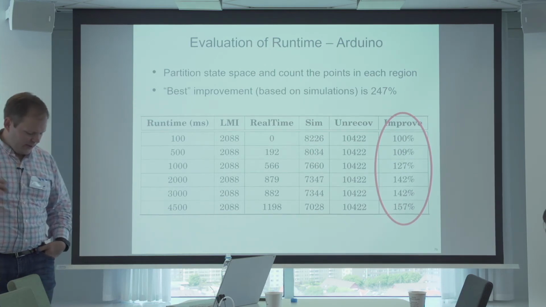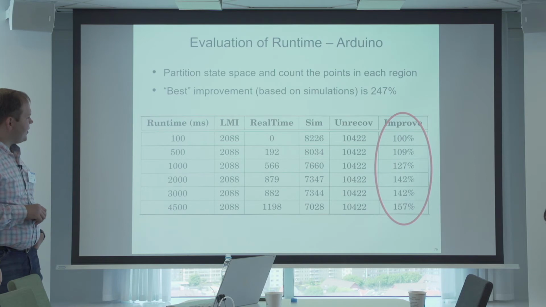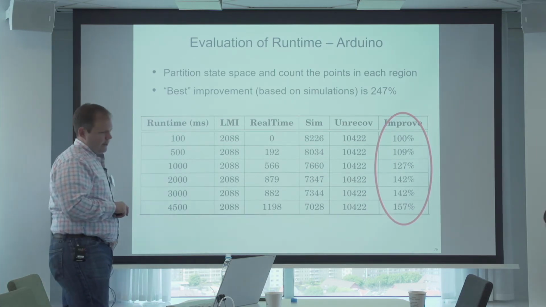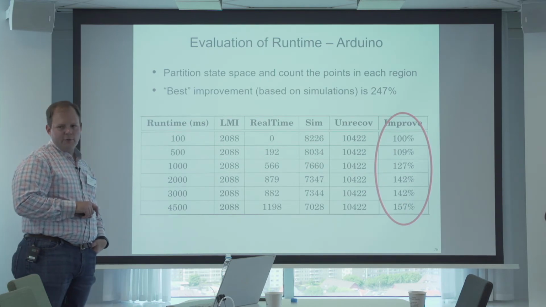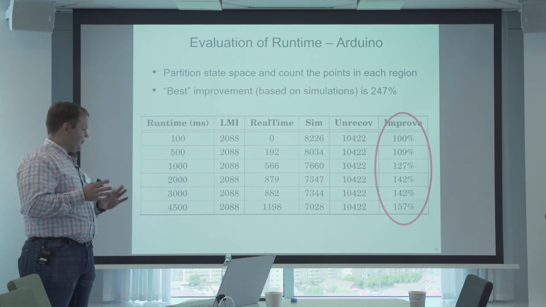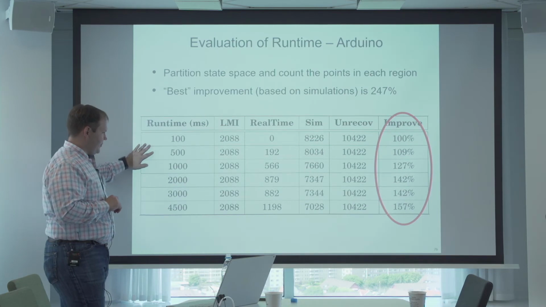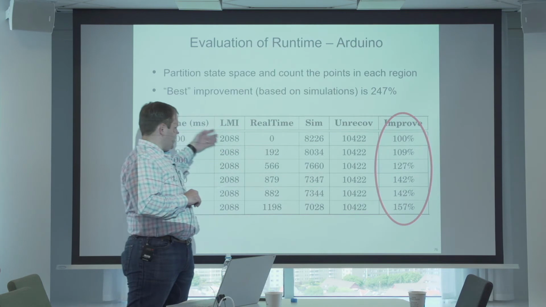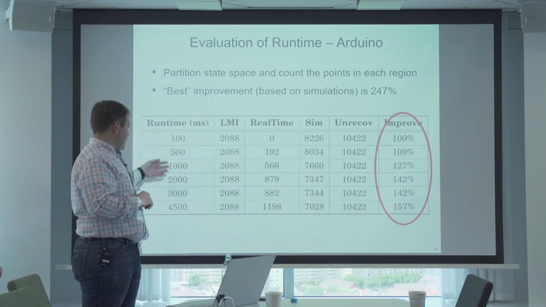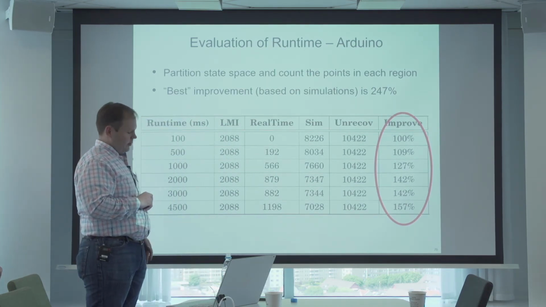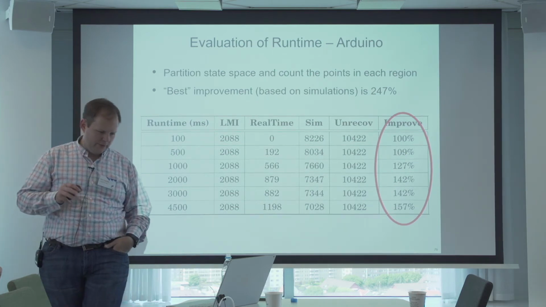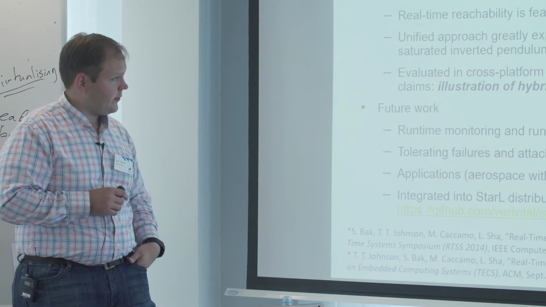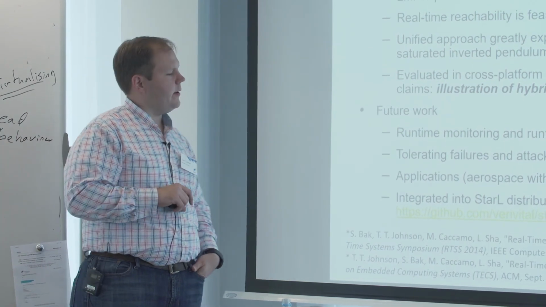Doing it on ARM and i7 is maybe not that exciting, but the particular Arduino had software-based floats as well, which introduces a lot of systems issues. If we're using 100 millisecond runtime, we weren't really getting much of an improvement, whereas if we're using longer runtimes, on the order of seconds, we could still get some improvement. But that one was more to illustrate the portability of the implementation.